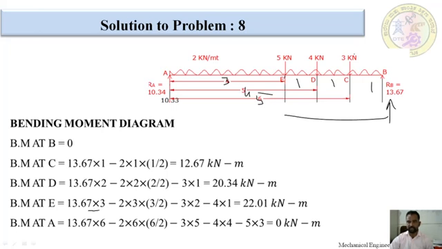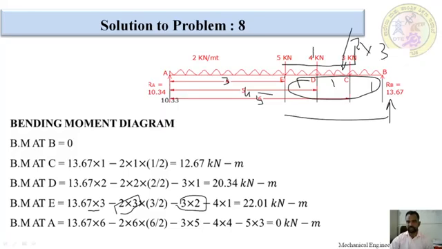First, this whole distance is 3 meter. This UDL is 2 meter. 2 into 3 is conversion of point load from the UDL. 2 into 3, and half of the component means total distance is 3 divided by 2, 1.5, minus this into this distance, 1 plus 1 is equal to 2, and this 4 into this distance, 1 meter. The value we got is 22.01 kN meter.